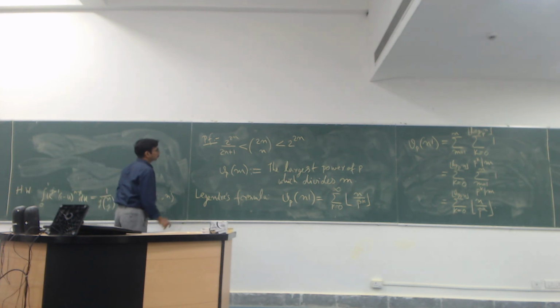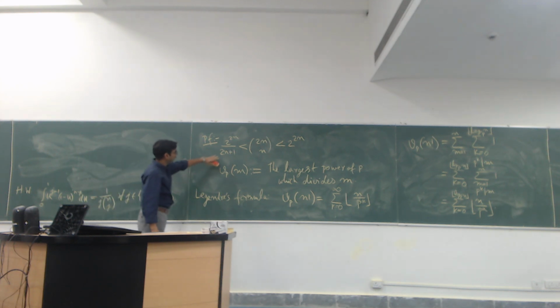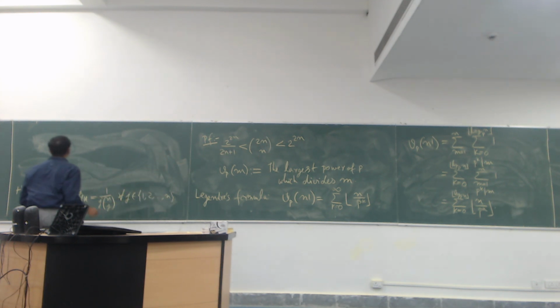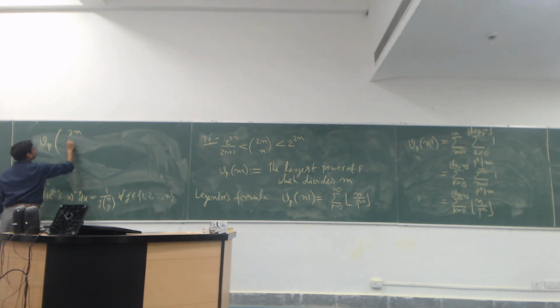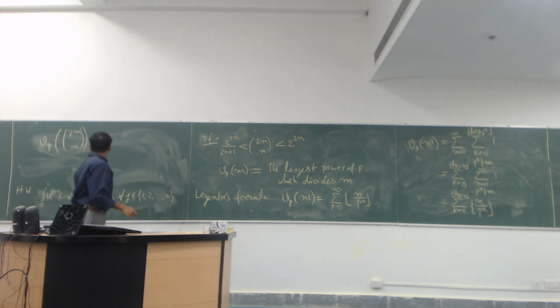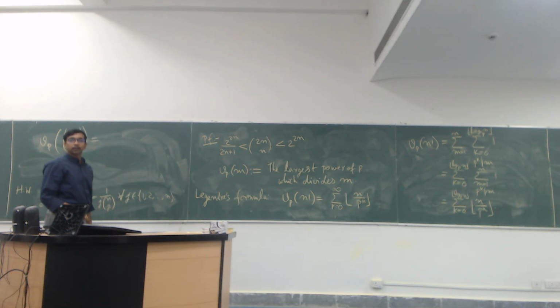And also, we can actually use a better identity here, but at first consider this one: the binomial coefficient 2n choose n. P is some prime less than 2n.